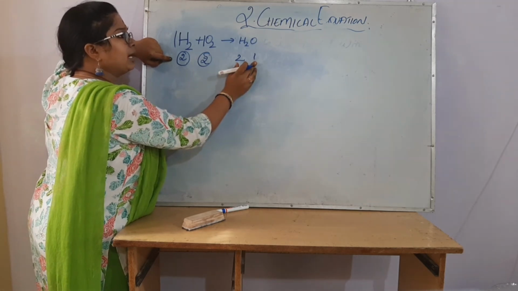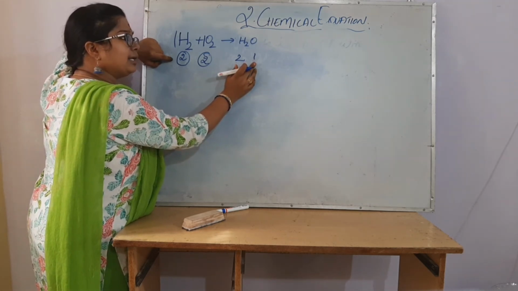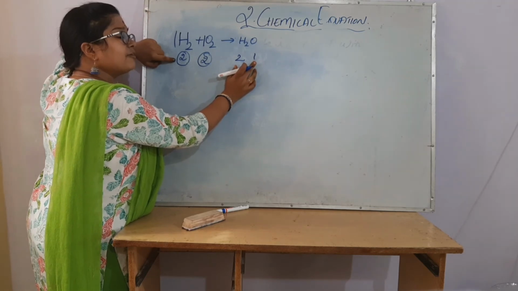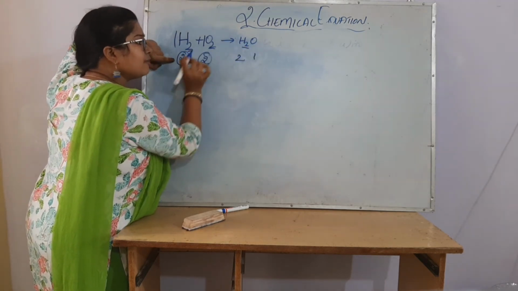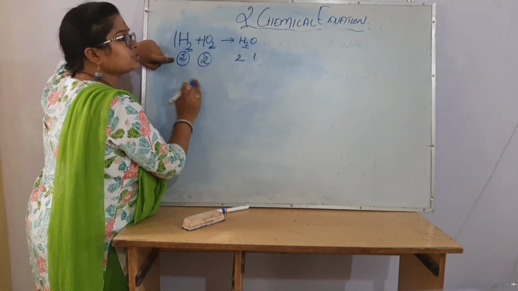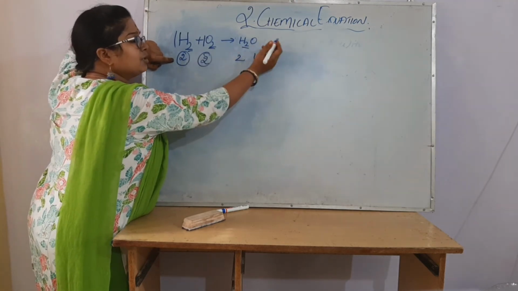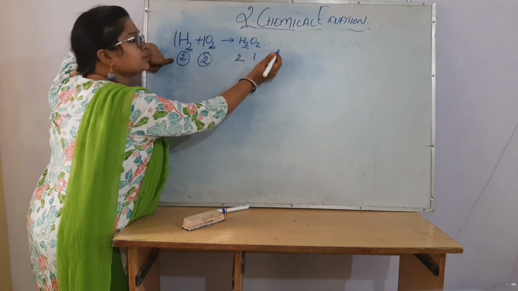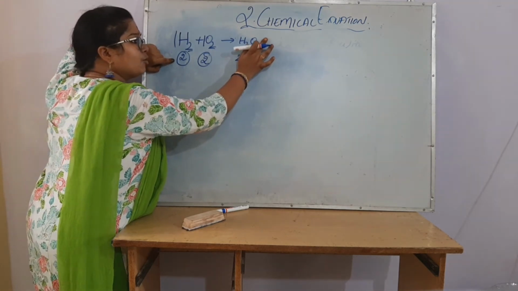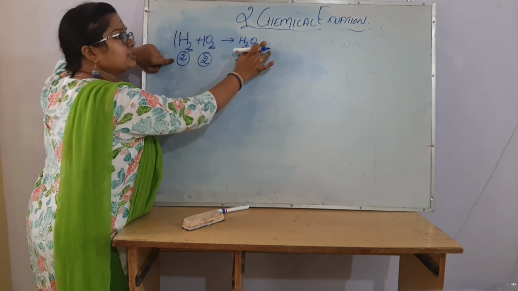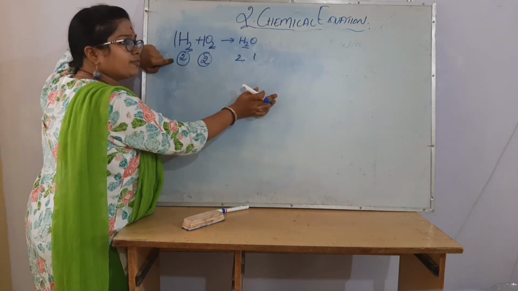So what you need to do? You need to balance this. If I want to balance, these are called subscripts, I told already. You are not supposed to touch the subscripts, and you are not supposed to add to the subscripts also. It's a wrong way of adding to the subscripts. You should not touch the ratios of atoms.